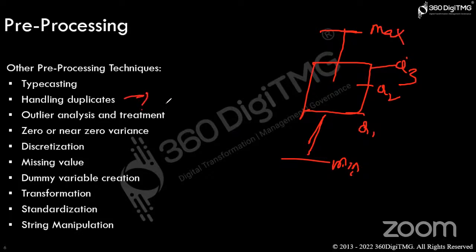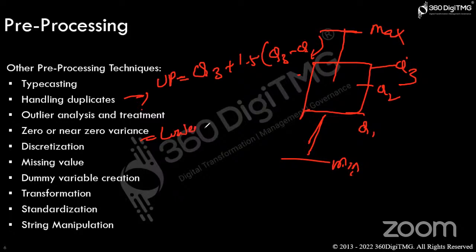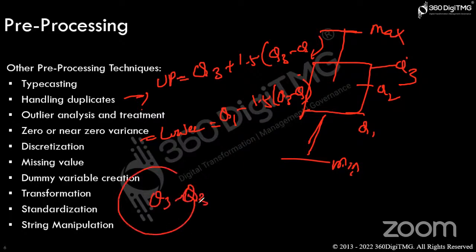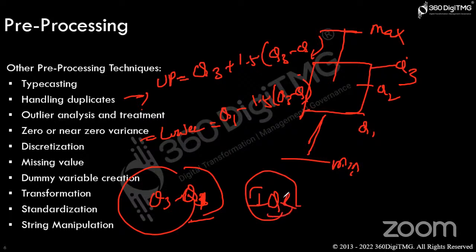The upper limit is calculated as Q3 plus 1.5 into Q3 minus Q1. When it comes to the lower limit, it is Q1 minus 1.5 into Q3 minus Q1. Q3 minus Q1 is also called the IQR, interquartile range.